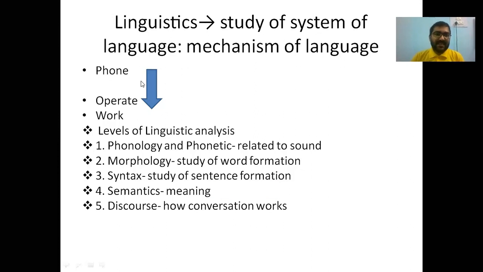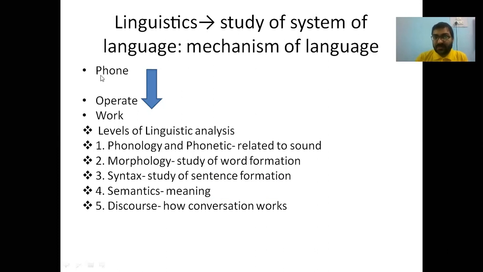To understand this, take the phone we are using. We are using the phone, but maybe we are not able to understand how it works. So the language we are using is just like a phone. We are using it, but maybe we are not able to understand how it works.